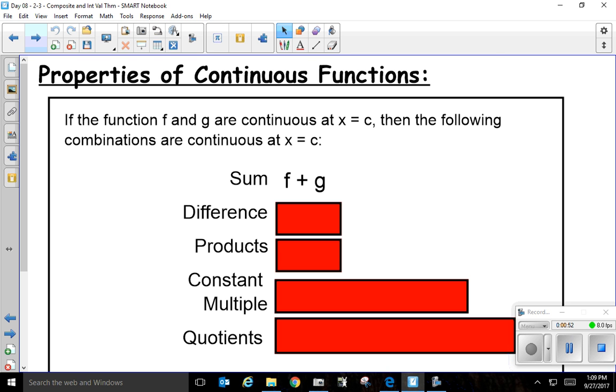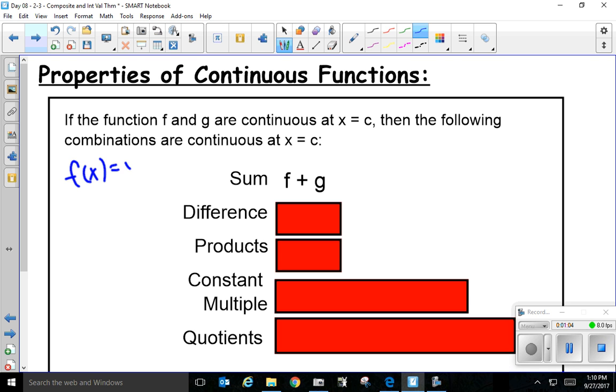Let me give you an example. If I know a straight line is continuous, right? Let's say f of x equals x. That's like the line y equals x, correct? It's a diagonal, that is continuous. Let's say g of x is x squared.